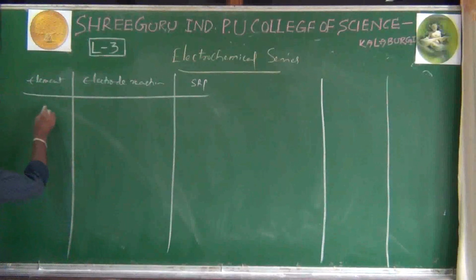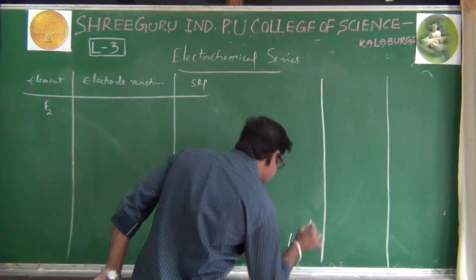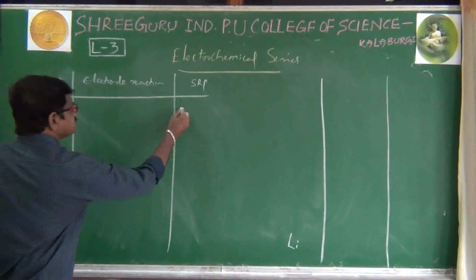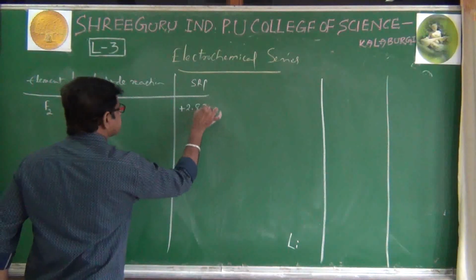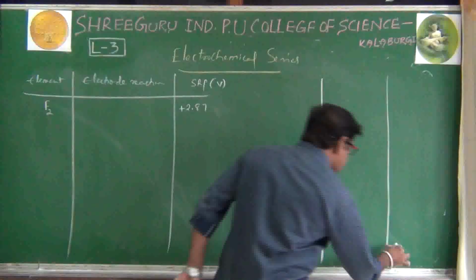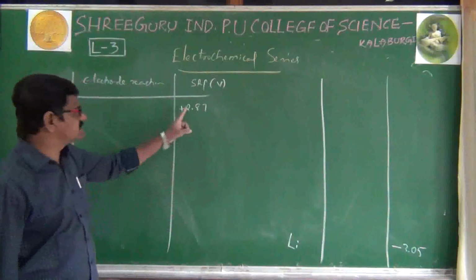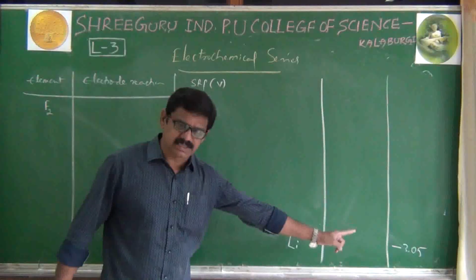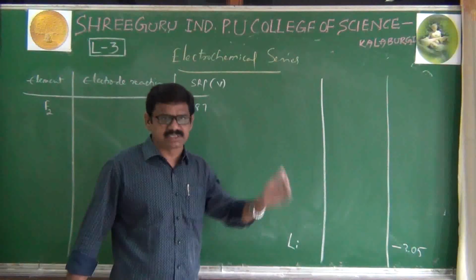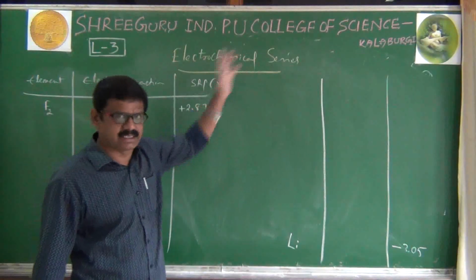First, the highest SRP element is fluorine, whose value is plus 2.87 volts, and the lowest SRP element is lithium, whose value is minus 3.05 volts. Means from highest SRP to lowest SRP, we are arranging all the electrodes in a systematic manner. That itself is called the electrochemical series.